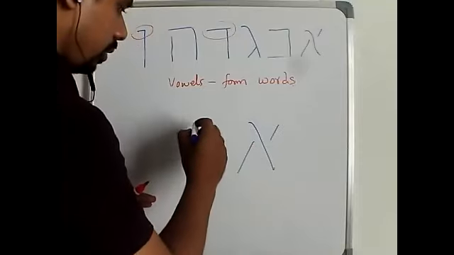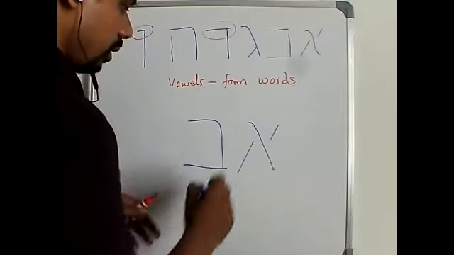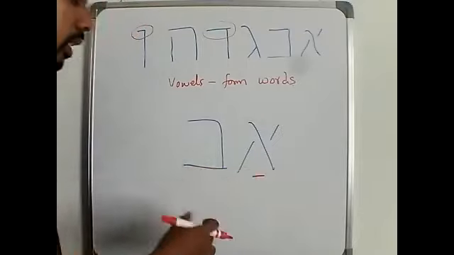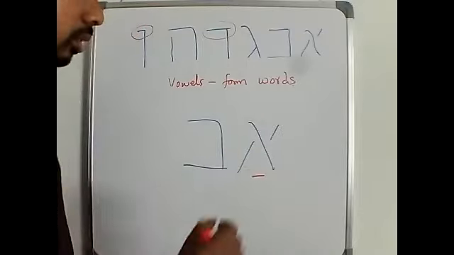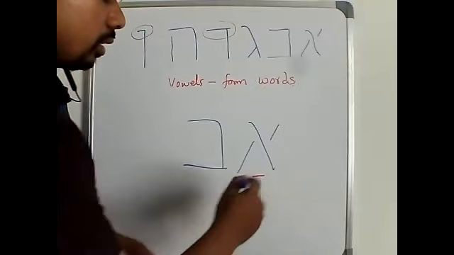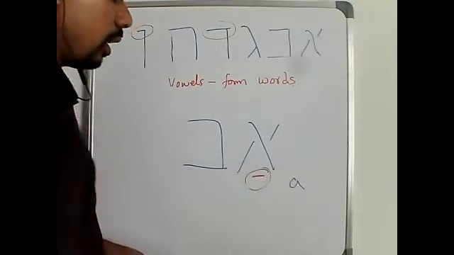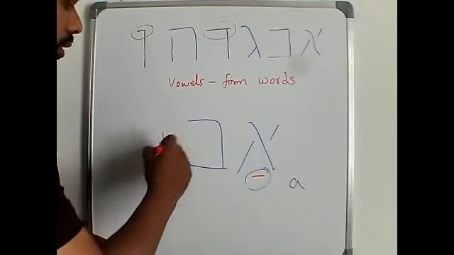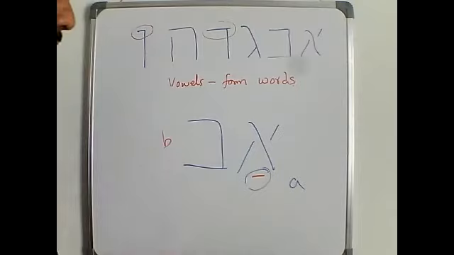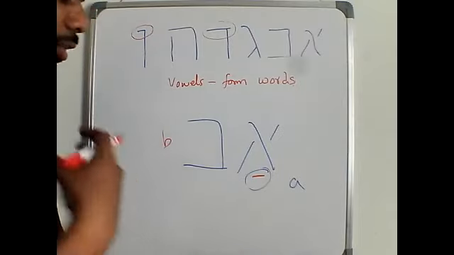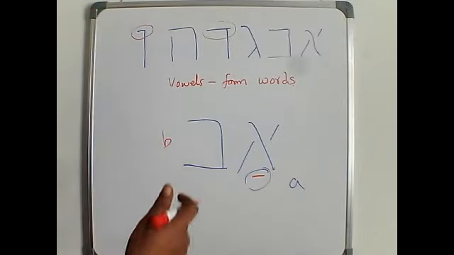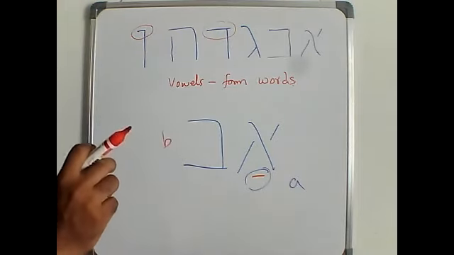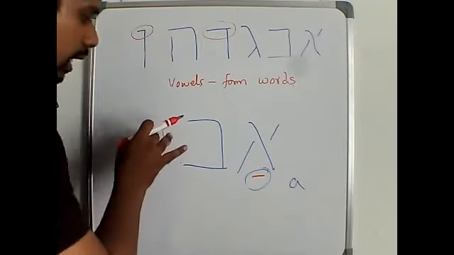This is aleph and this is bait. Okay, and here we will add another vowel. So what is that? Aleph doesn't have any sound, and the vowel sound is a. And what is the sound of this one? Bait is b. Now how can we say? Be careful.